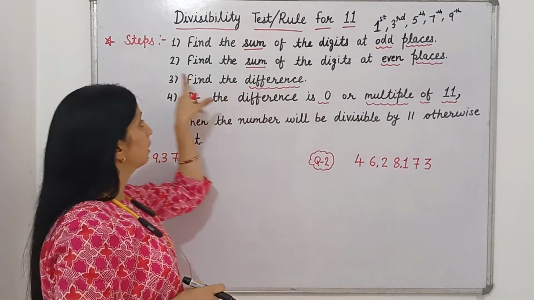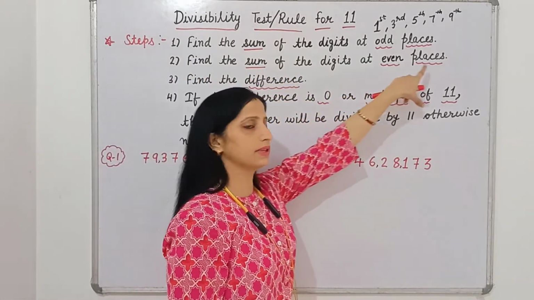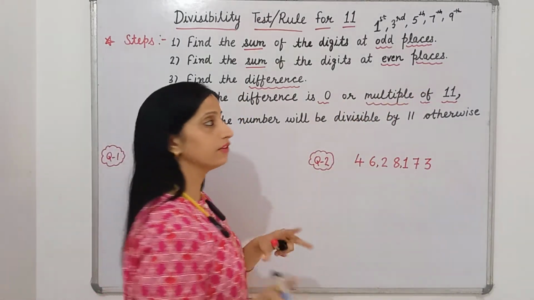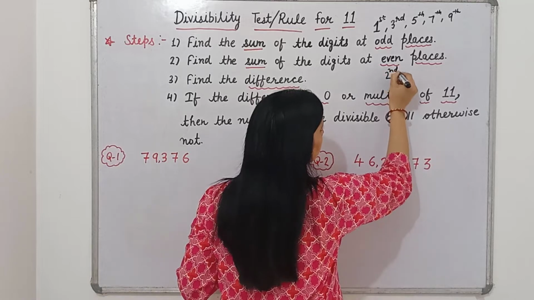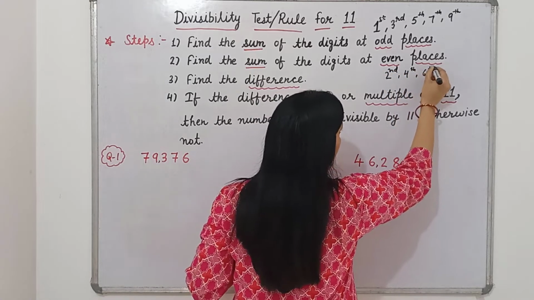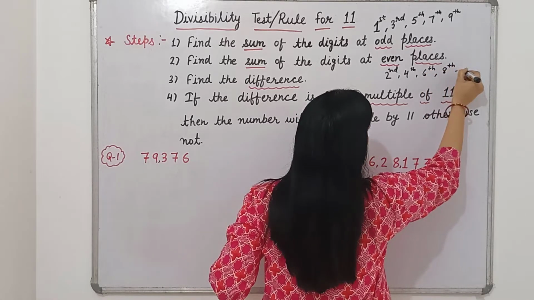Now then find the sum of the digits at even places. Even places means the digits which are at the second place, fourth place, sixth place, eighth place, and so on.